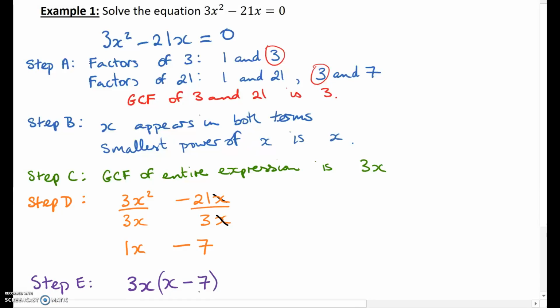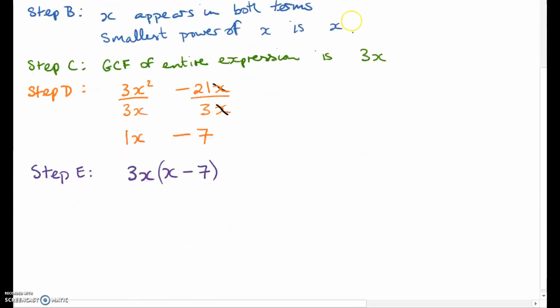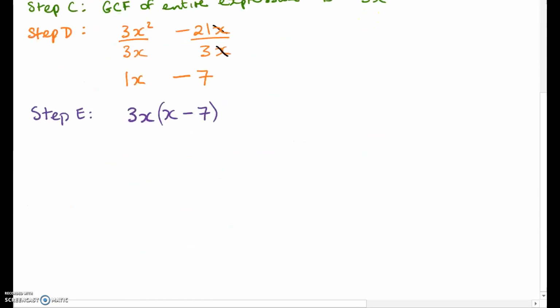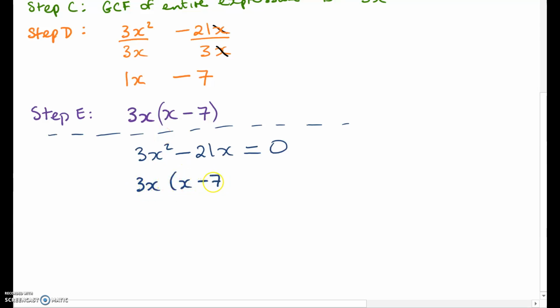Now that's the part we've done already. The new part is to solve the equation. So the original thing was 3x squared minus 21x equals 0. That was the original question. And now what we're saying instead is that 3x squared minus 21x is the same as 3x times x minus 7.